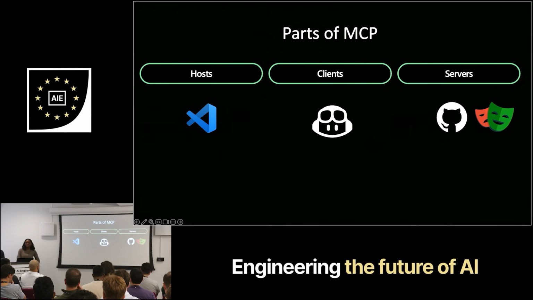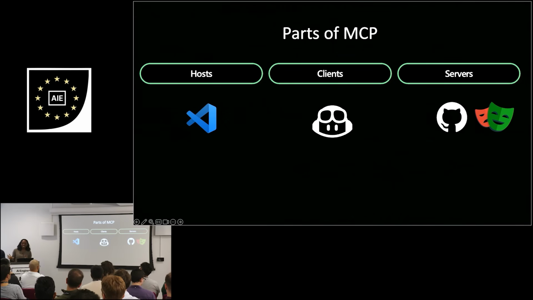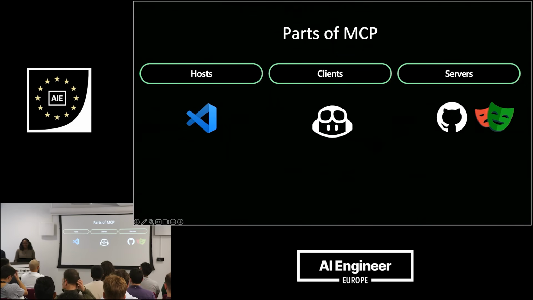We definitely encourage you to use the server list that is in VS Code, because sometimes you can have security issues if you just go on the internet and pick a random server. It can have malicious stuff in it. So we recommend using what's there in VS Code or GitHub.